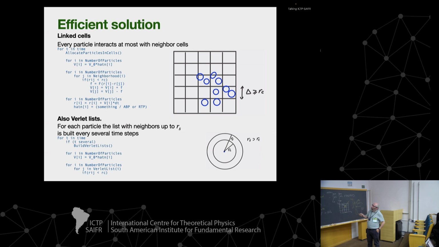Then for all the particles, you run over the neighborhood of particle I. So for each particle, you look for all the particles that are inside the neighboring cells, including its own cell.